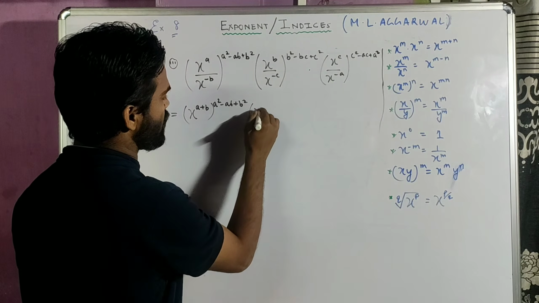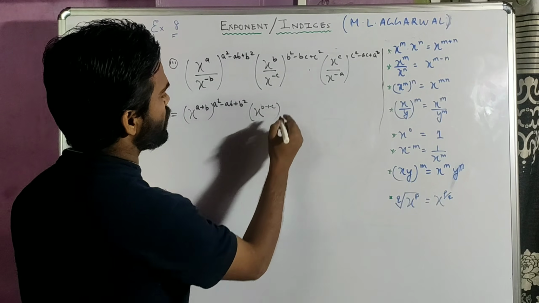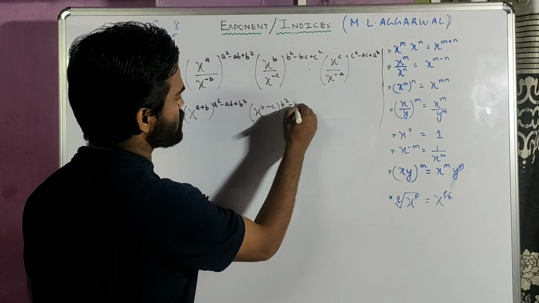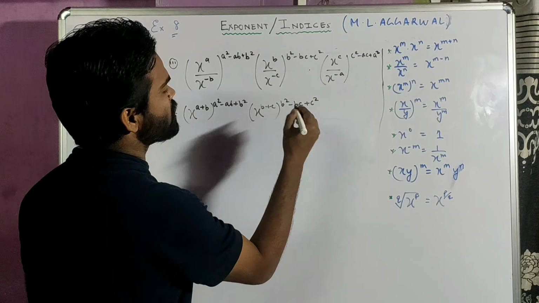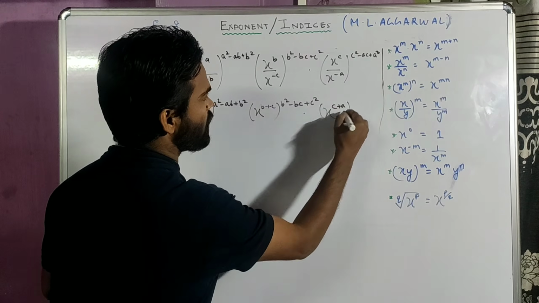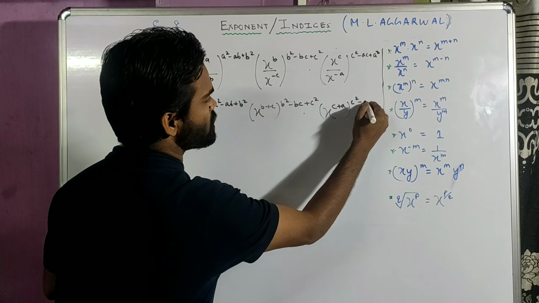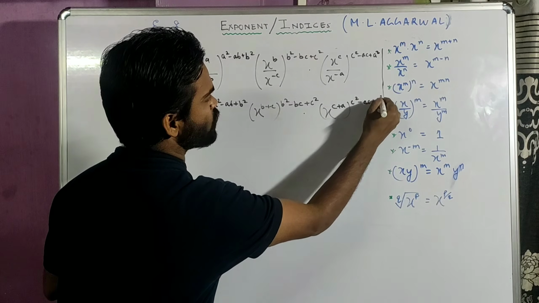Similarly, this becomes x to the power b plus c, and the power is b square minus bc plus c square. Similarly, this becomes x to the power c plus a, and this is c square minus ac plus a square.